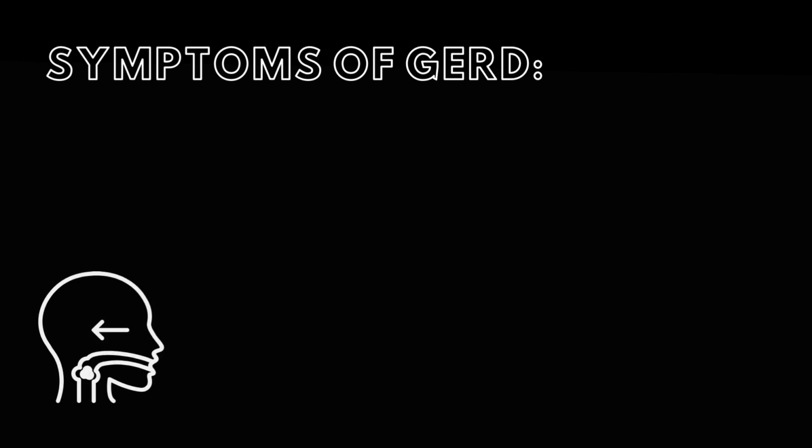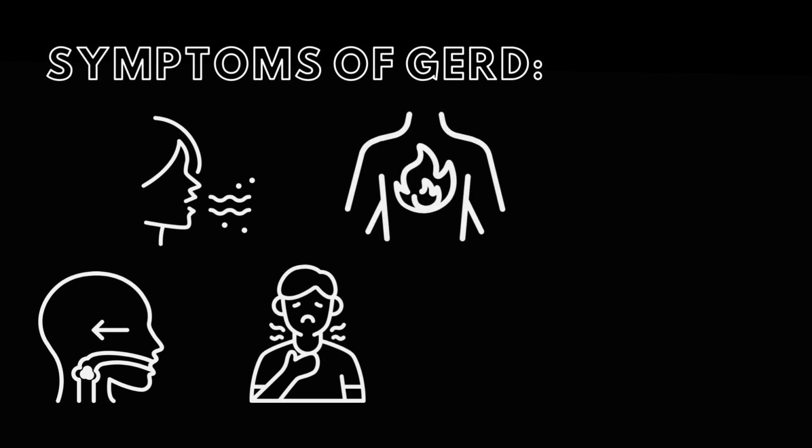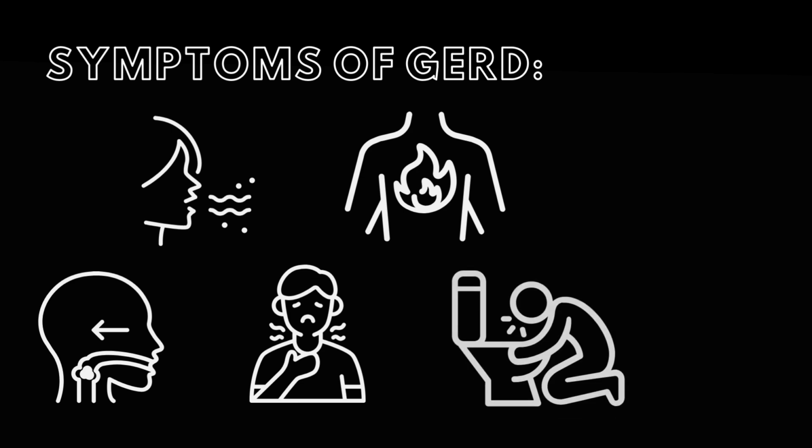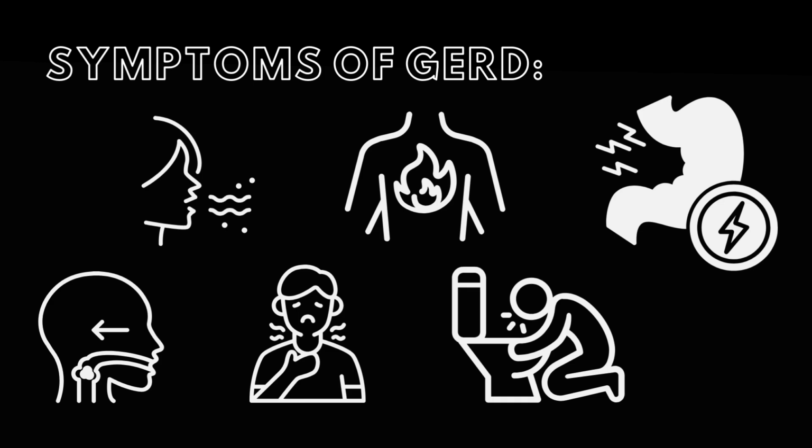Common GERD symptoms include difficulty swallowing, burping or regurgitation, sore throat or hoarseness, heartburn, especially after eating, chest pain not related to heart issues, nausea and shortness of breath, pain in the lower chest and upper abdomen after eating.